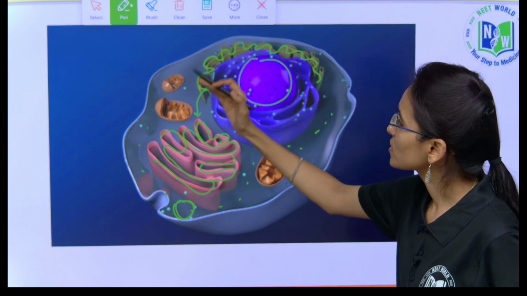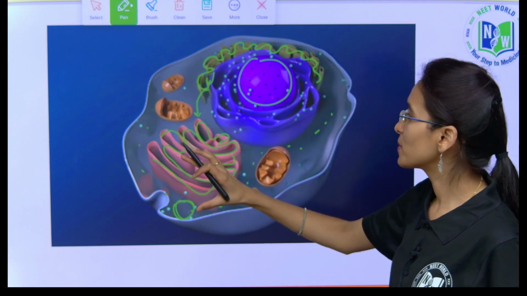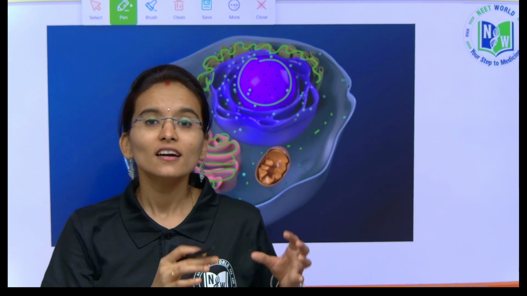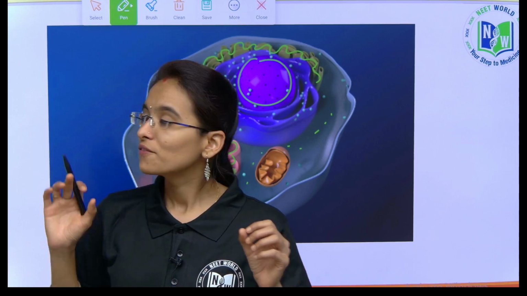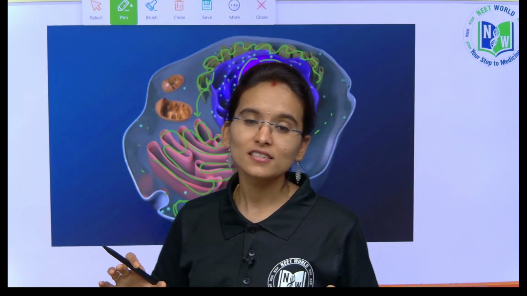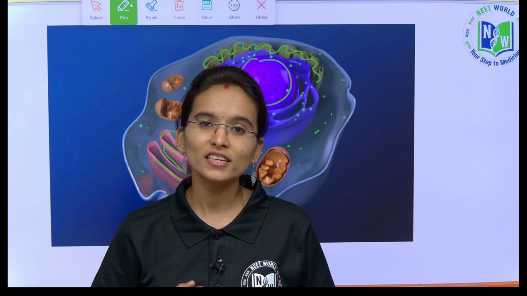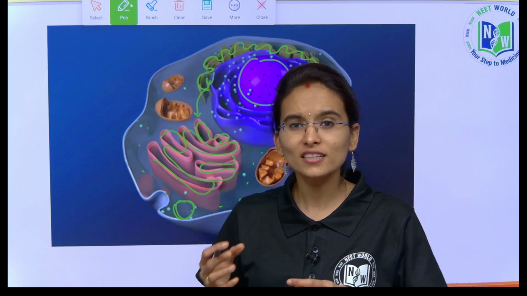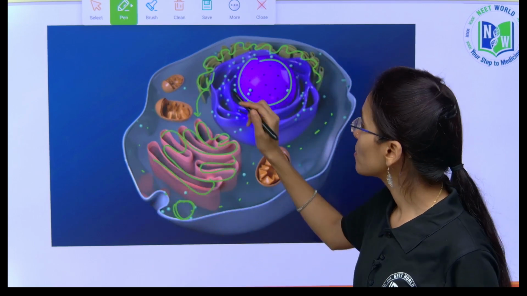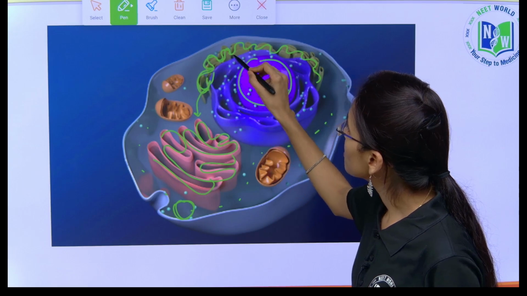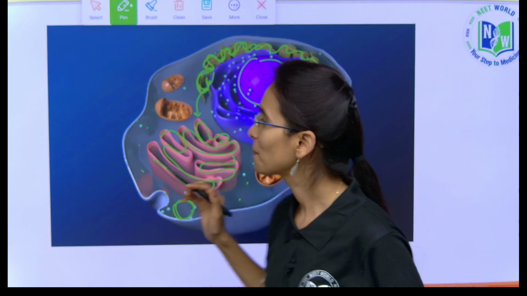All these cell organelles together are called the endomembrane system, which contains endoplasmic reticulum, Golgi bodies and lysosomes. We call it the endomembrane system because all these cell organelles are involved in coordination, in packaging and in delivering some types of substances. So now let's discuss in detail the endoplasmic reticulum, which is present in the endomembrane system.